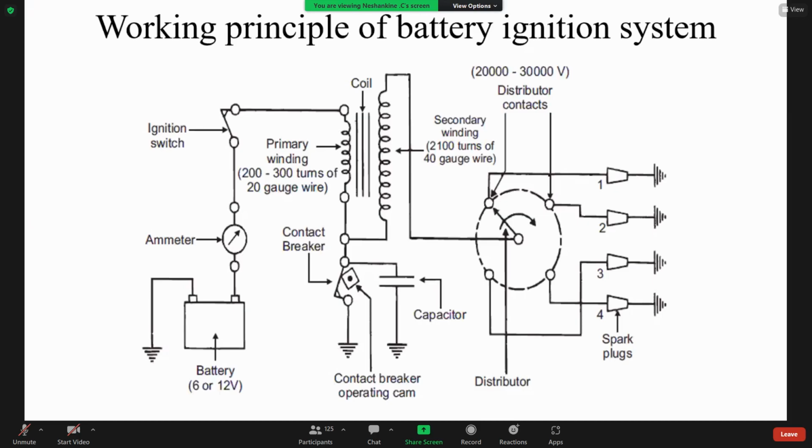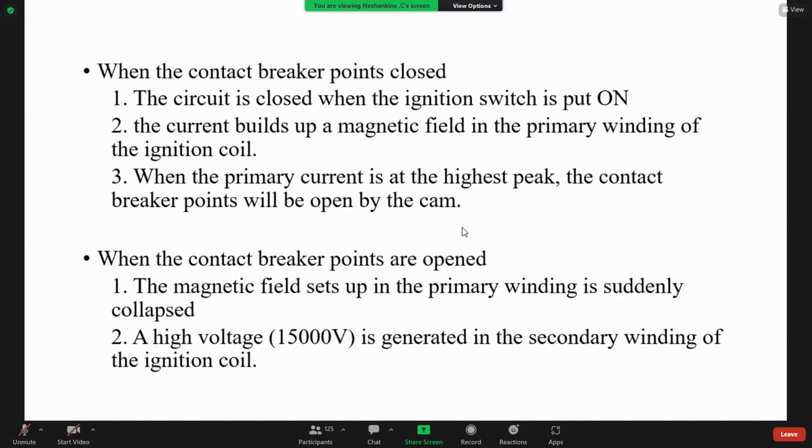Then we observe a spark in spark plug number one. Then it moves to the second place, and we can observe a spark in spark plug number 2. Okay, thank you. Good, thank you.